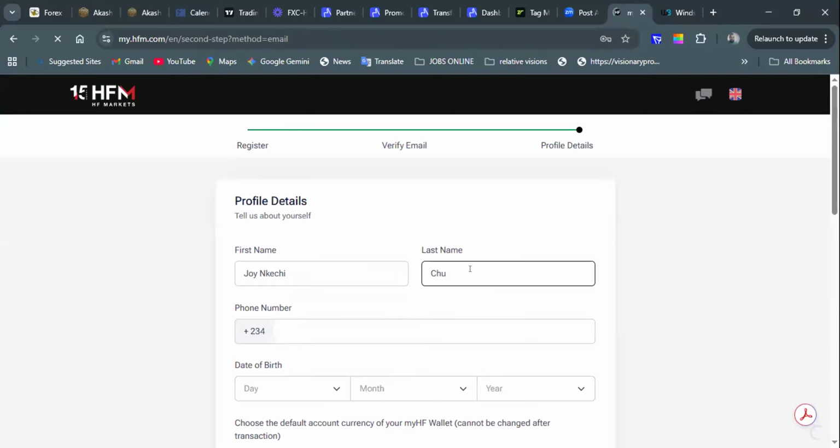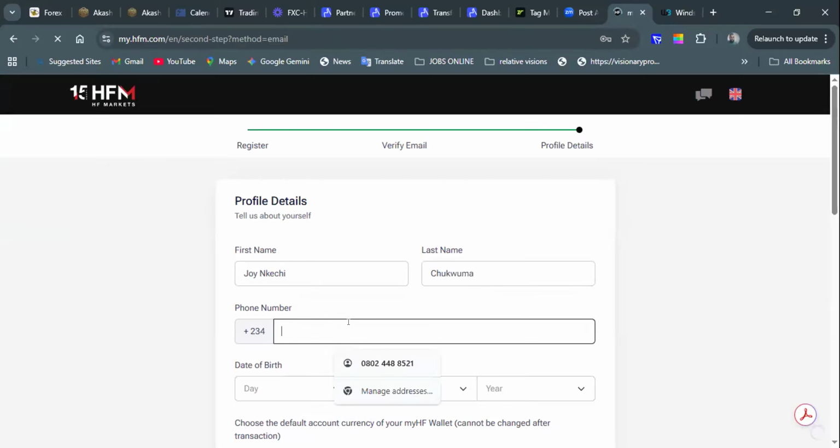So please, anytime you are doing this, make sure you are using details that you have an ID card to back up. Don't use any details you don't have an ID card to back up, right? Otherwise, you won't enjoy your experience when it comes to withdrawals. You won't enjoy it at all.